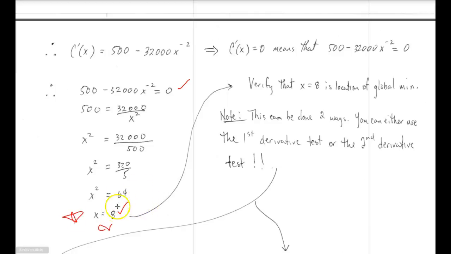All you've identified when you say X is equal to 8 is that the 8 production runs is either going to minimize cost or maximize cost. And what you need to do is verify by using either the first or second derivative test that that's actually going to be a global min in this case. In other words, it's going to be a minimum.